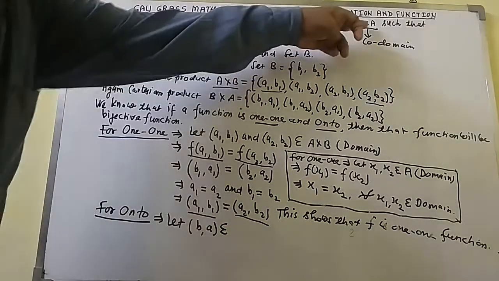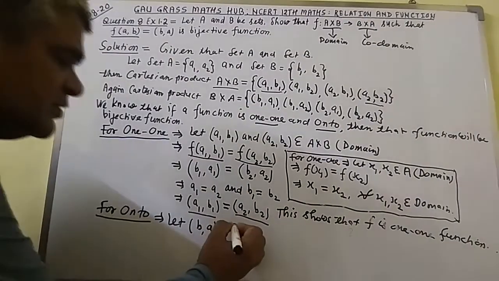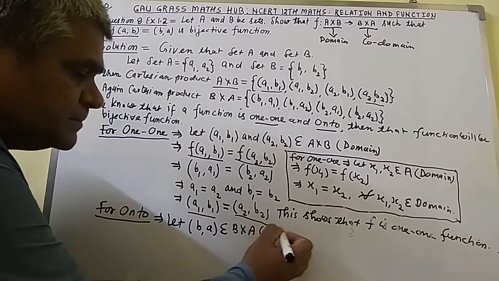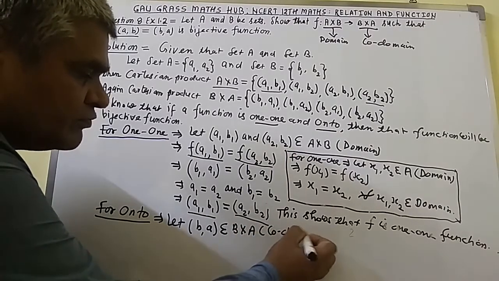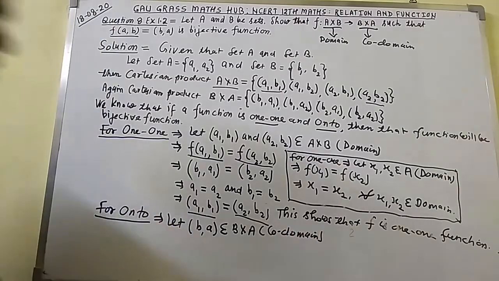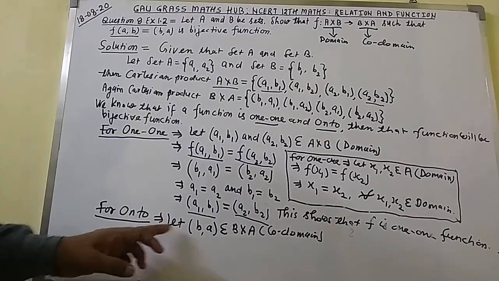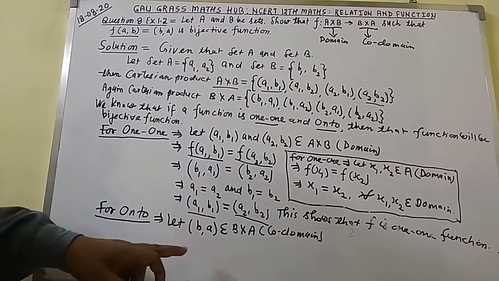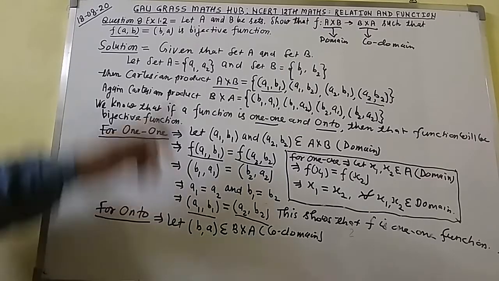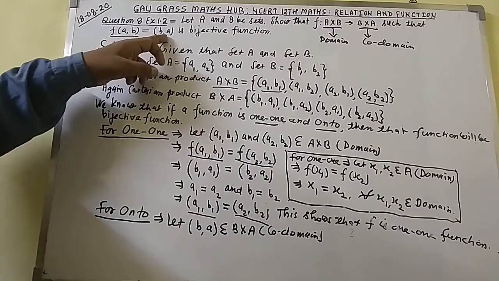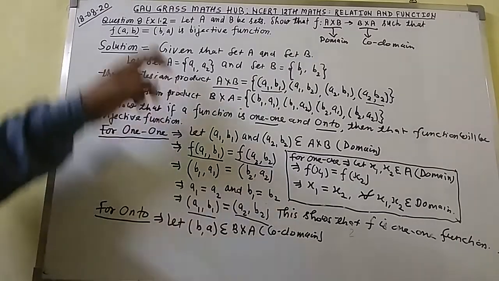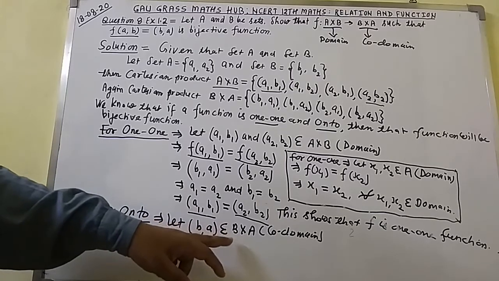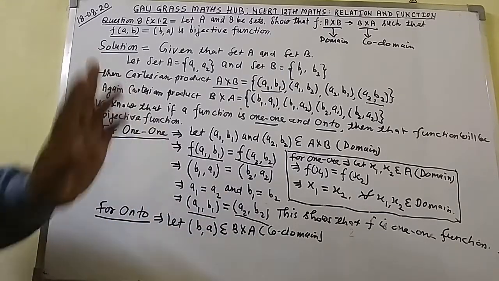You can see here this is B cross A, in bracket you can write codomain. So here I have written for onto let b, a, the ordered pair b, a has been taken from B cross A, that is codomain.